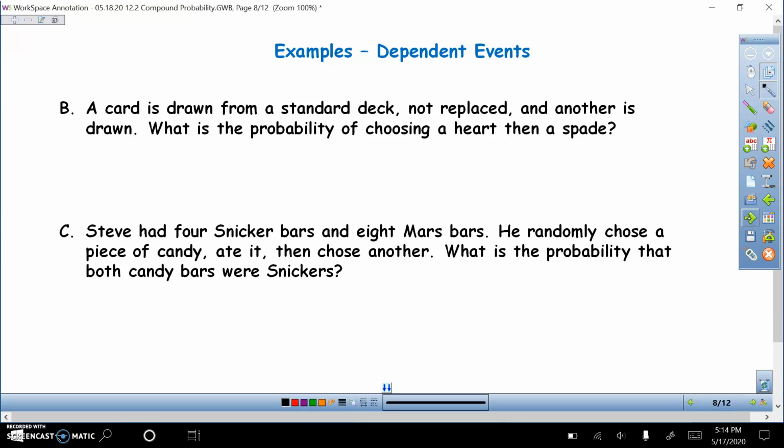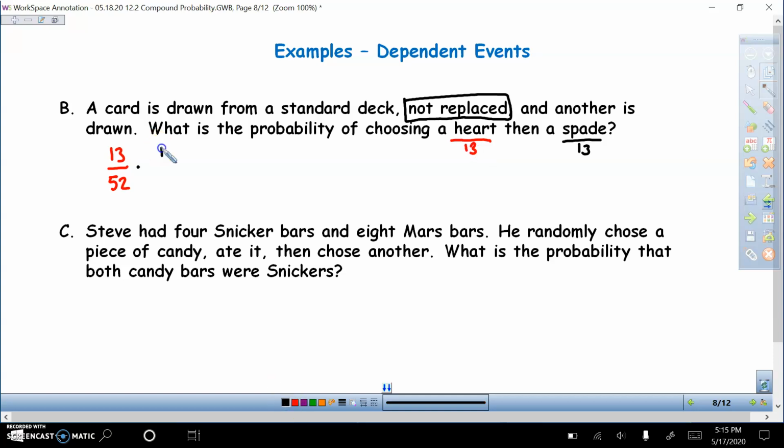All right, awesome. Let's just try one more, even though I have 2 more examples on this next slide. We have a card is drawn from a standard deck, not replaced, so that tells you that it's going to be a dependent event. And then another card is drawn. What is the probability of choosing a heart and then a spade? So recall that if we talk about our hearts, there are 13 hearts out of 52 total cards. Times, there are 13 spades, so 13 and 13 of each suit.